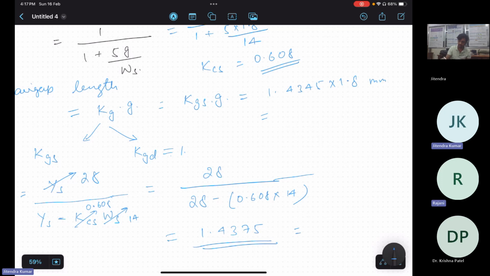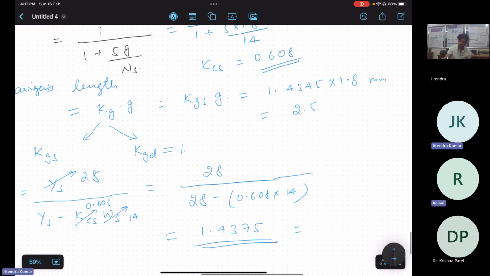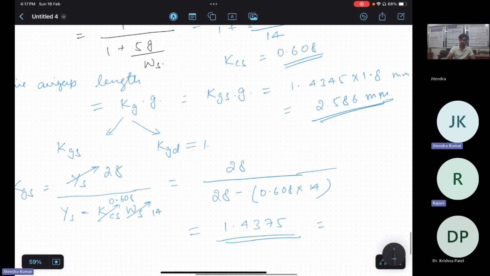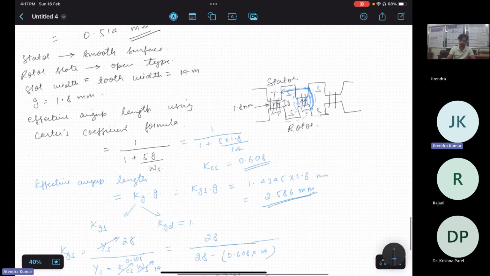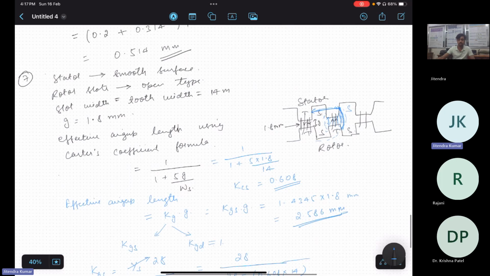Exactly 2.586. Because of this fringing phenomenon, your effective air gap is way higher than whatever you designed for. So that's why you have to take this factor into account. Any final doubt in this part? No. Okay.